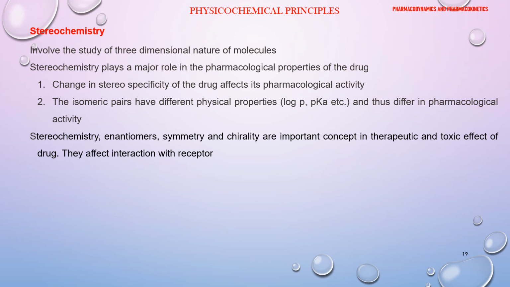Change in stereospecificity of a drug affects its pharmacological activity and different physical properties like dissociation constant and partition coefficient. Stereochemistry, enantiomers, symmetry, chirality are important concepts in the therapeutic and toxic effects of drugs as they affect the interaction of the drug with the receptor.